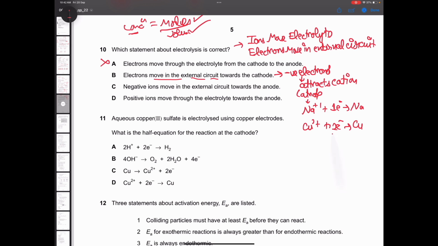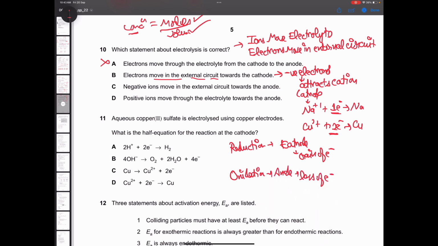It means the cathode has a supply of electrons. So doesn't it mean electrons must be moving from anode to cathode? Because at the cathode, there is gain of electrons. Reduction takes place at the cathode, which means gain of electrons. And at the anode, oxidation takes place, which is loss of electrons.